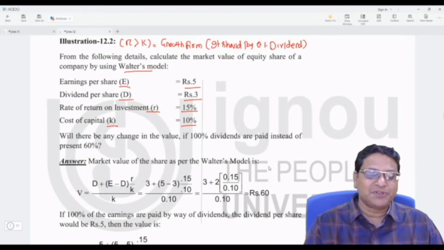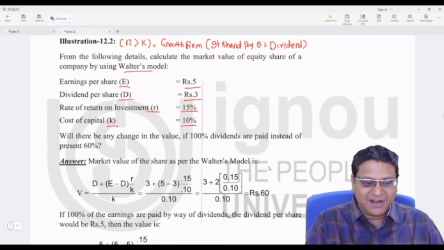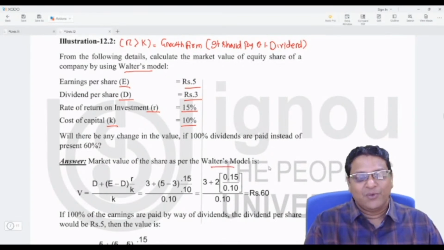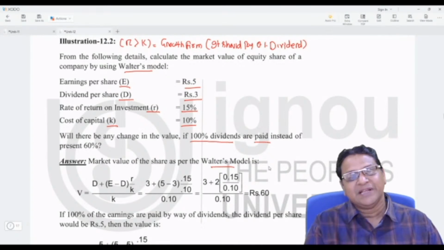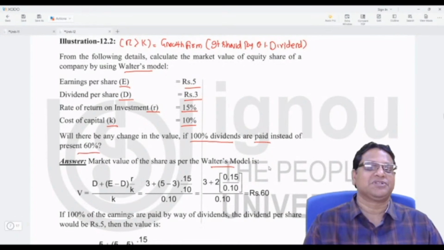As per which model? Walter's model. As per the formula, what is the value of the firm? The value of the firm as per Walter's model is V equals D plus (E minus D) times R by K, divided by K. And if you apply this, in this case, what is the dividend? The question asks, will there be any change in value if 100% dividends are paid instead of the present 60%?